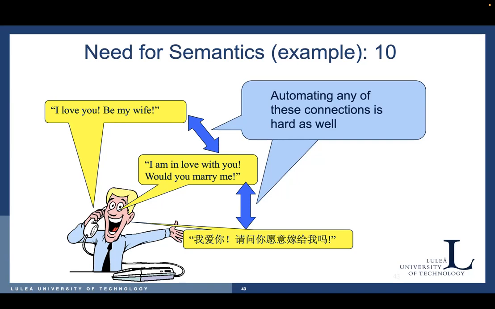That's pretty much solved, but still, it's an extra computational step to do that.